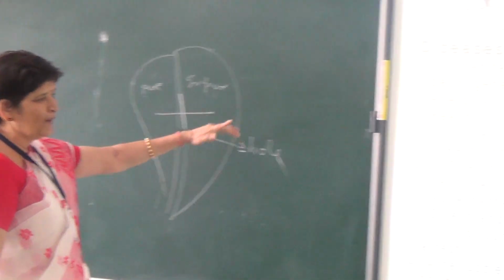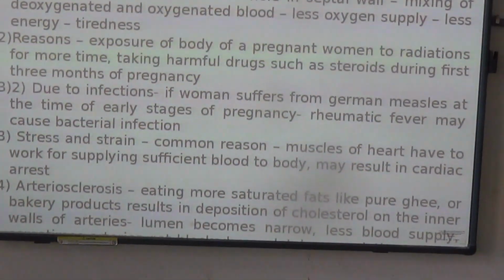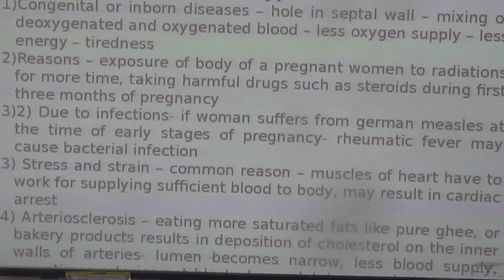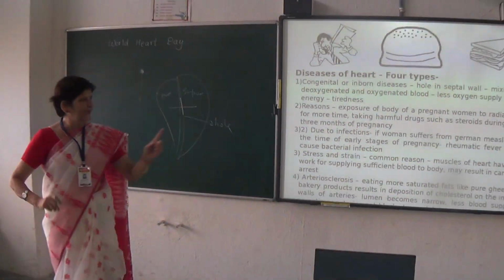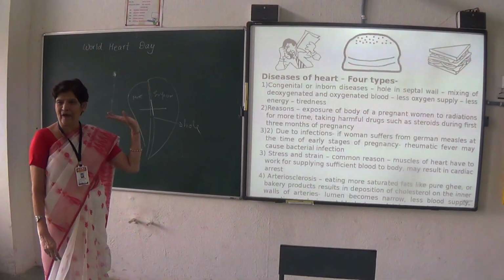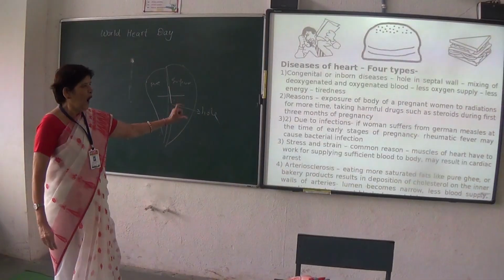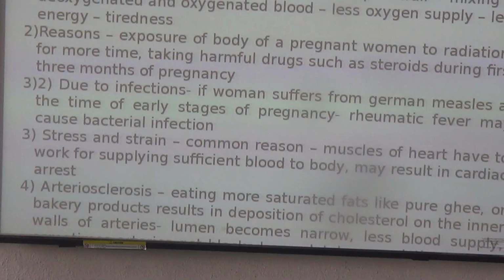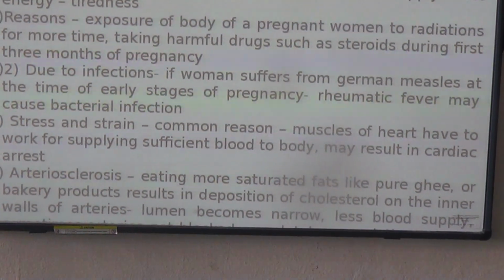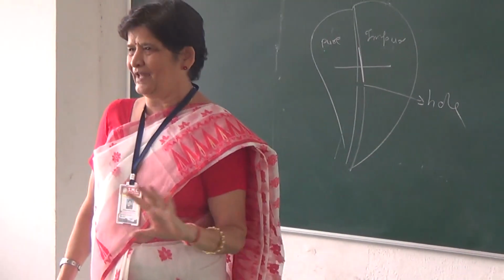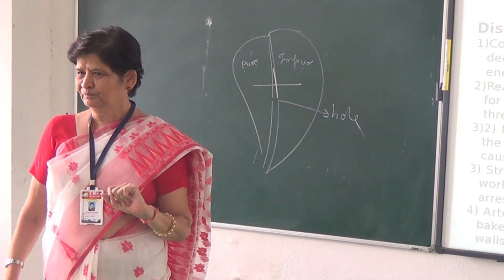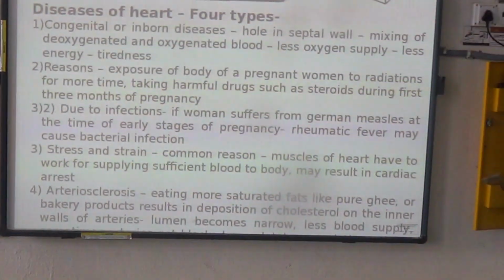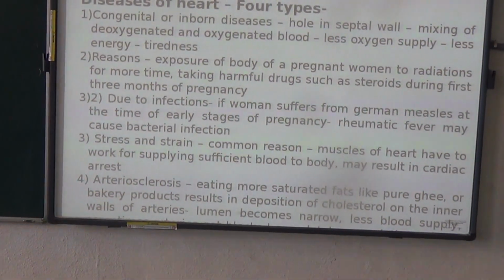So if the woman suffers from German measles at the time of early stages of pregnancy, that is the first 3 months or 4 months, then the developing child may have heart disease. Or rheumatic fever caused by bacteria, rheumatism. The joints in the bones become stiff, that is called rheumatism. Arthritis or rheumatism, then also the child may have heart disease.